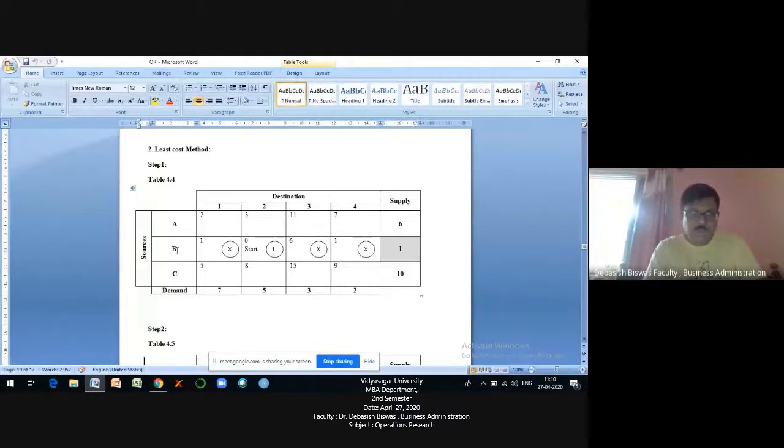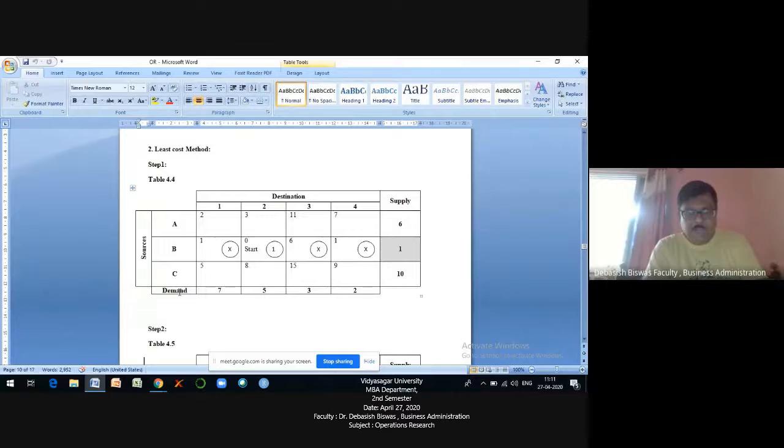Along the column we have mentioned the supply side, and along the row the demand side.